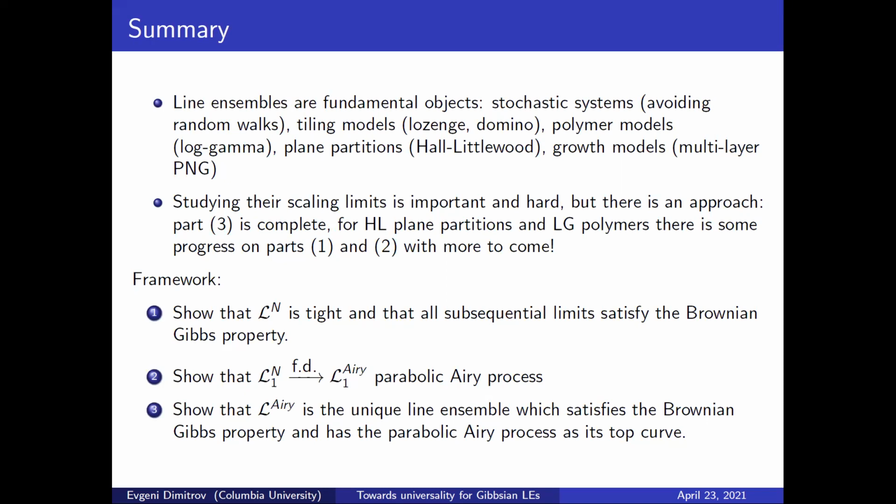If you believe in establishing KPZ universality for random systems, this is what it means to establish it for line ensembles. And even though the techniques that worked for determinantal point processes fail to extend to other settings, there is now a framework that, at least for Hall-Littlewood processes and also for log-gamma polymers, shows some promise that we can do it, and maybe we can extend it further beyond this.